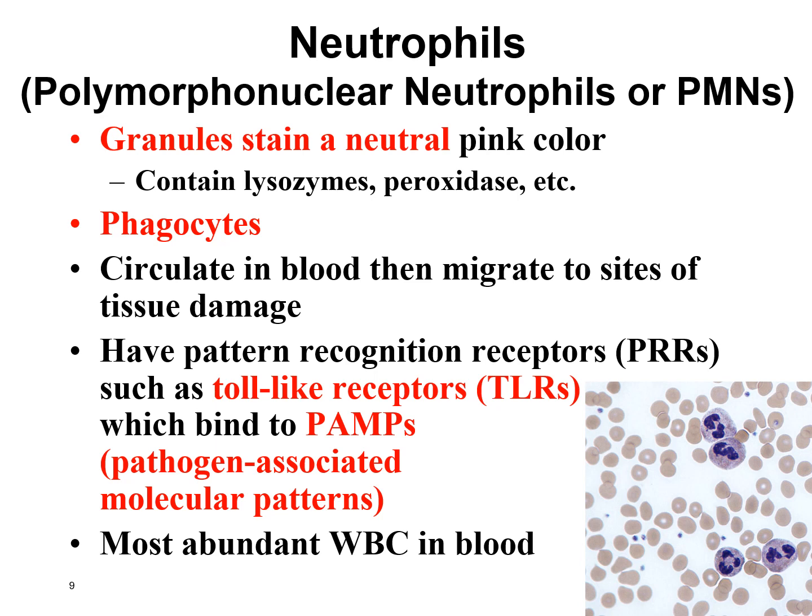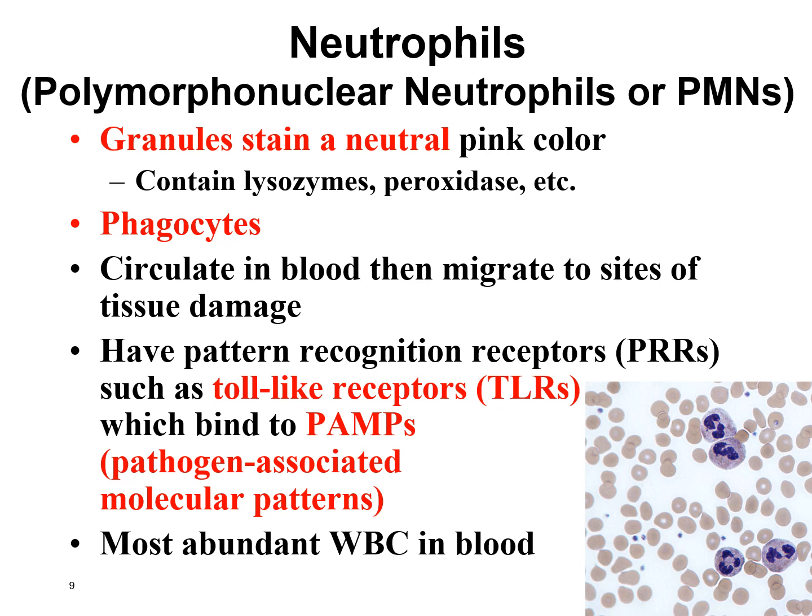How they figure out that something doesn't belong there: they have pattern recognition receptors called toll-like receptors. And they will recognize what are called PAMPs. PAMP stands for pathogen-associated molecular pattern. A PAMP is something that's found on the microorganism that is not found anywhere on our cells.